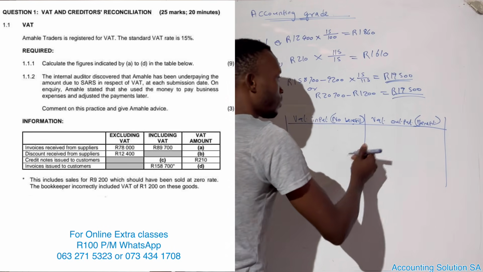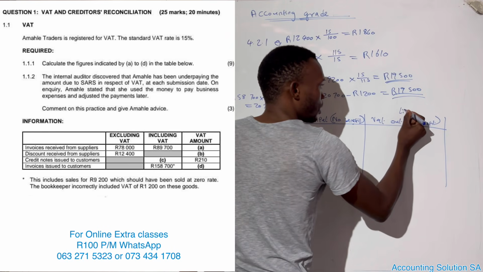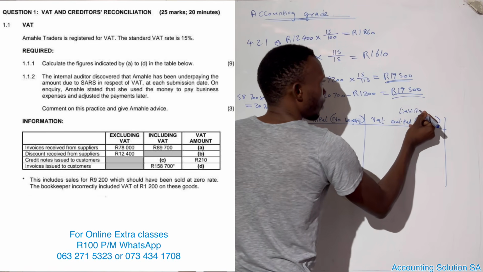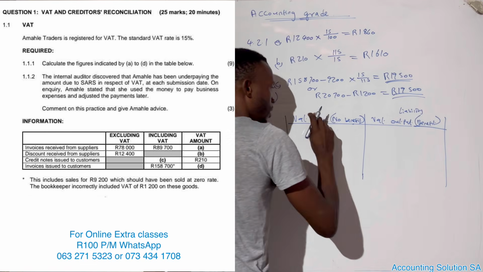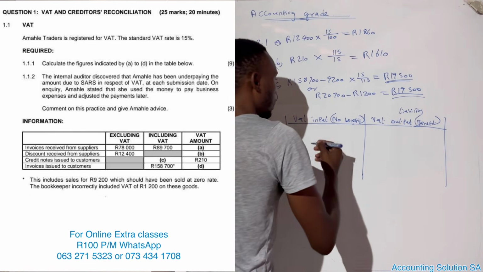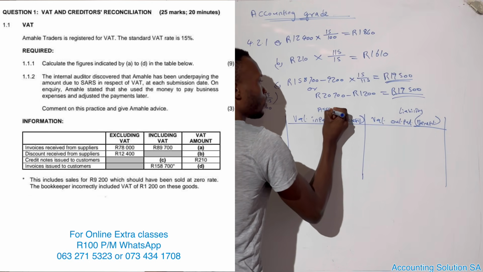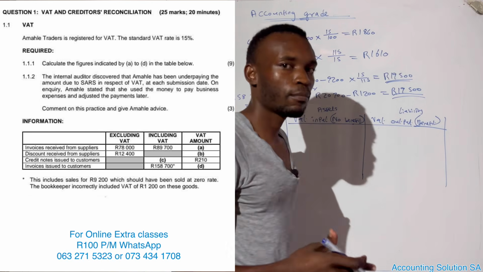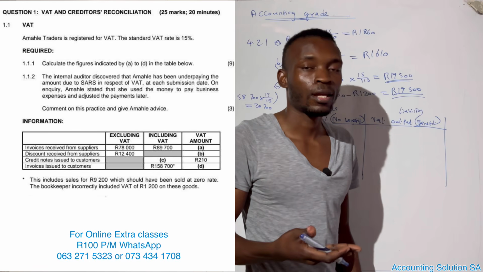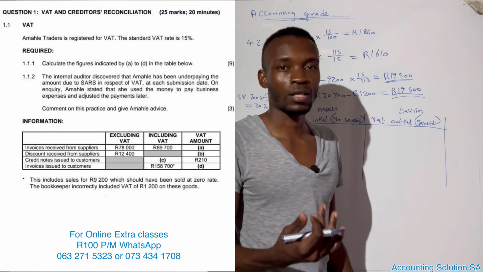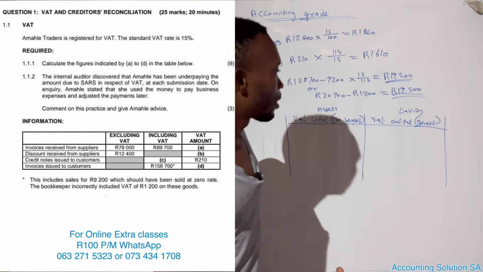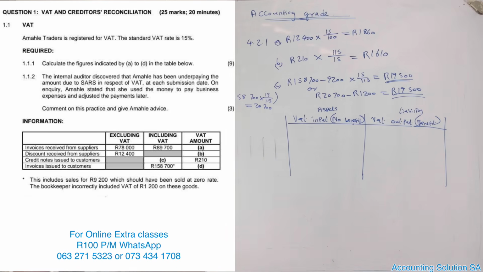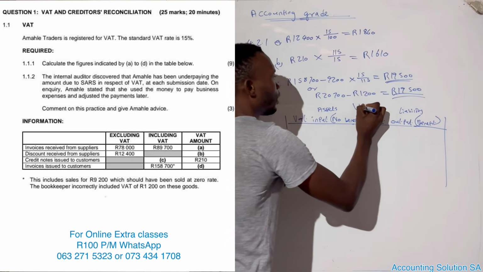If we collect and give it to SARS, this means to us it is a liability, because this money we are collecting for SARS. Here, because we spend, it's an asset. Why? Because we must claim some amount from SARS, since here we didn't benefit, we have lost money, which means that they give us some refund. Okay, and we only use the VAT amount here, guys.